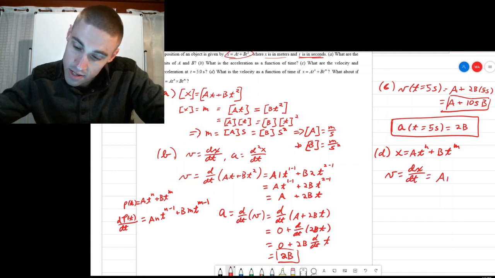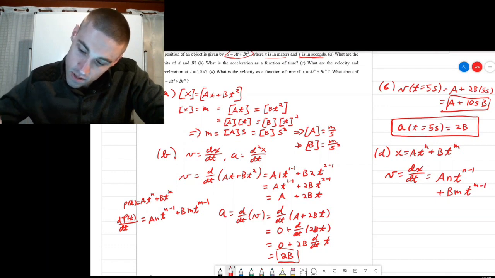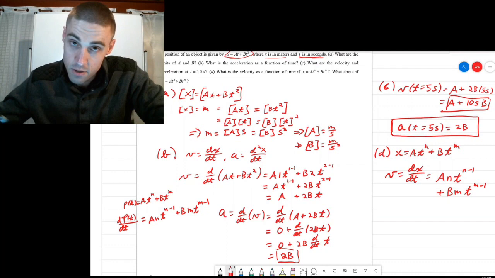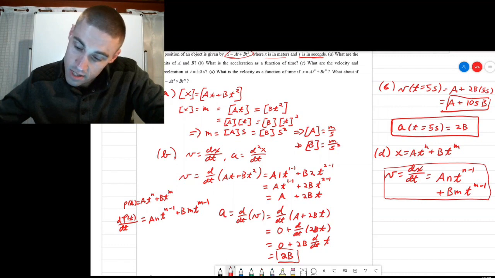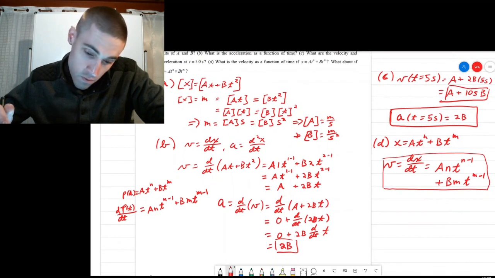So we have a times n t to the n minus 1 plus b times m t to the m minus 1. Okay, so because the power is changing here, the coefficients would now have different units, but this would be the velocity polynomial in time for x equals a t to the n plus b t to the m.